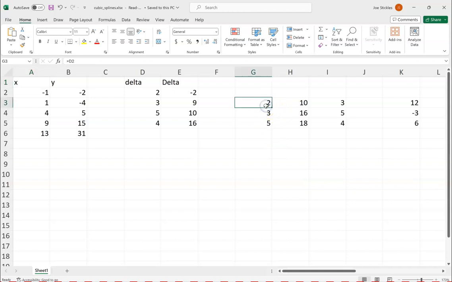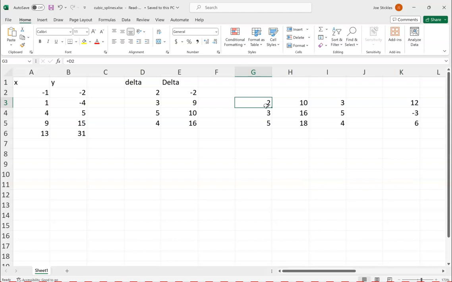Remember that tri-diagonal system that we have, and I'm not writing on Excel again because that was a mess last time. Since we're doing the natural cubic spline, that first row is 1 and then a bunch of zeros, right? Because we're trying to find the C's. The next row starts off with little delta 1, 2 delta 1 plus 2 delta 2, delta 2, and then the rest are zeros, right?